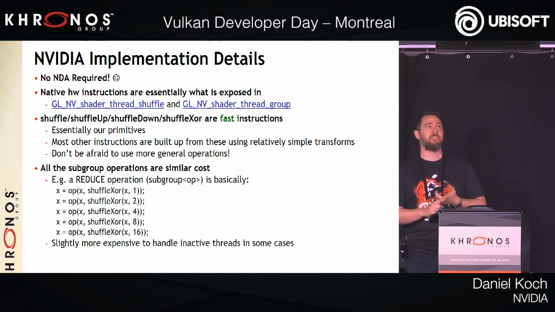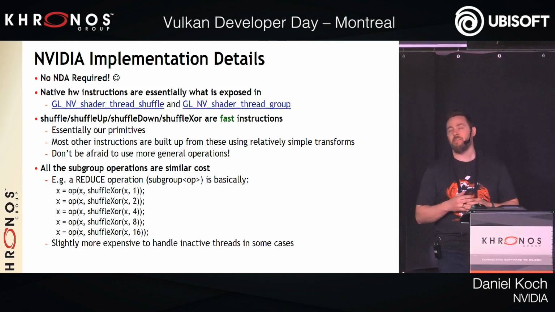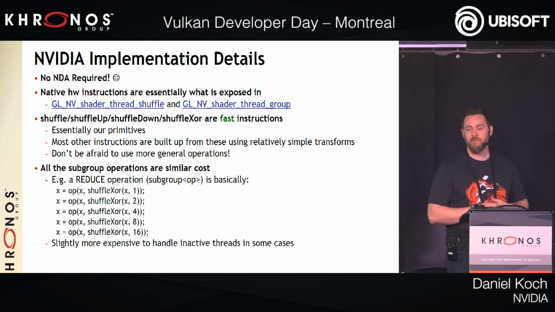Basically, we've got native shuffle, shuffle up, shuffle down, and shuffle XOR instructions, and they're fast instructions. So those are basically the primitives that the other subgroup operations are built up from via relatively simple transforms. So on NVIDIA, don't be afraid to use the shuffle operations, because that's what we're using for everything else. If your algorithm can use the more general shuffle ones, go ahead and use them.